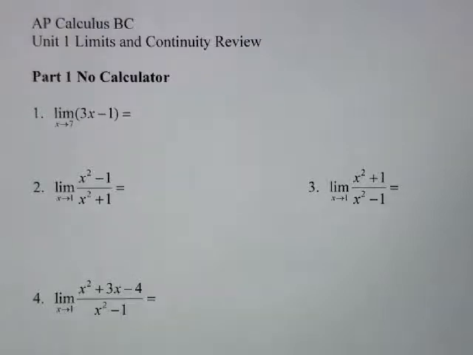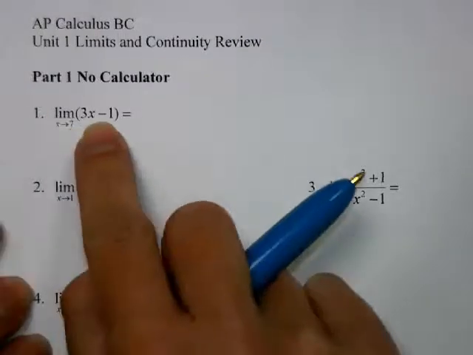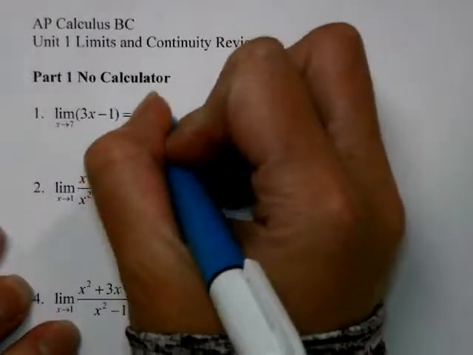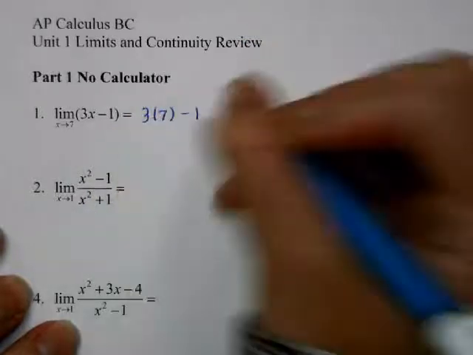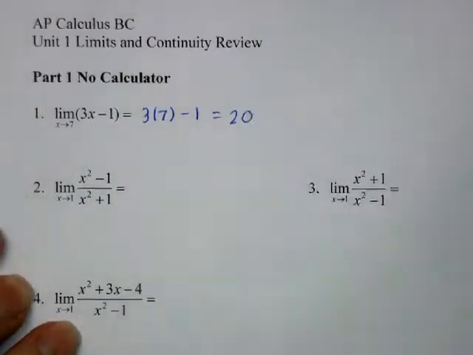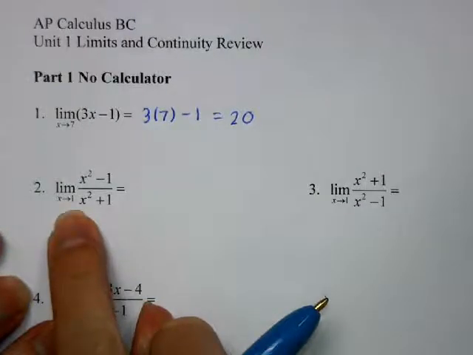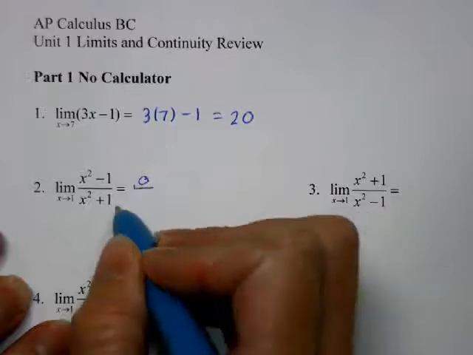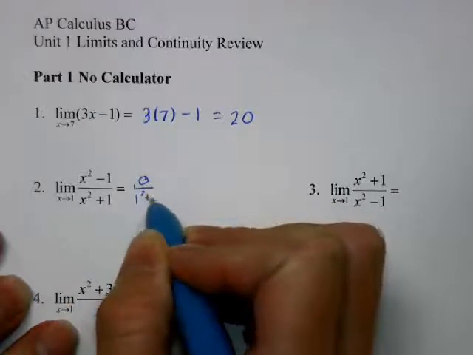So the basic rule with limits is if you're going to a specific value, plug it in and see what happens. So here if I plug in 7, we get 3 times 7 minus 1. So 21 minus 1 is 20. Here, if I plug in 1, we're going to have 0 over 1 squared plus 1.